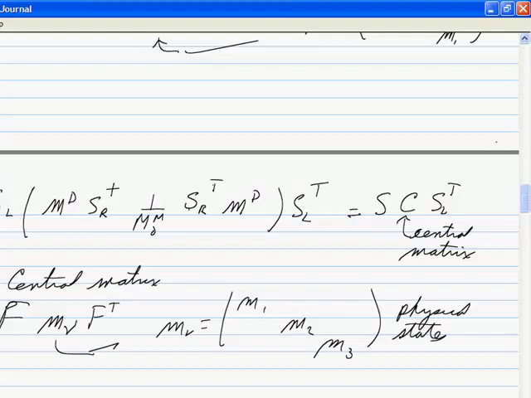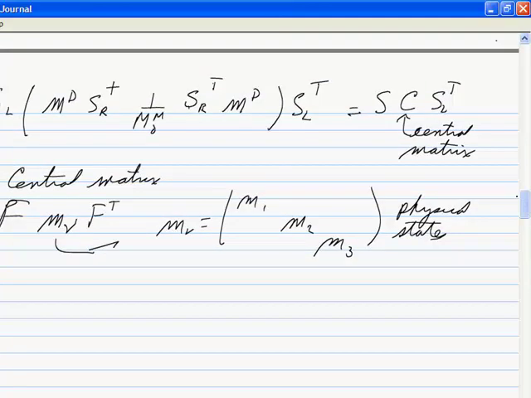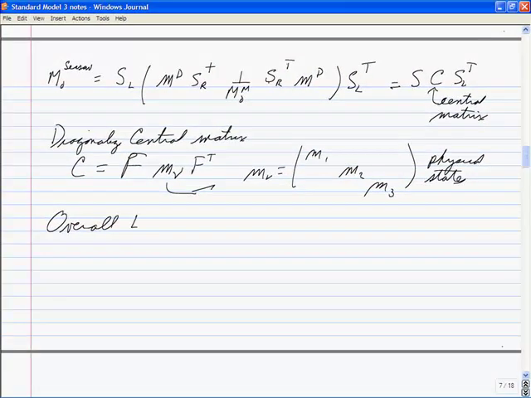So you can do it. So that's fine. So we finally diagonalized. But the overall left-handed transformation is nu right is S left F. This guy's from the Dirac matrix.